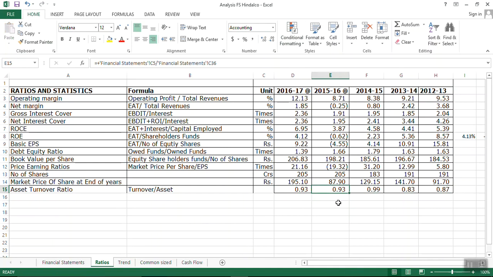And in 2015-16 and 16-17, the figure had taken a dip. So the company is not able to earn as much as its assets are. From this, we can make this out: there is potential for this company to do more turnover and do more justice with the assets they have.